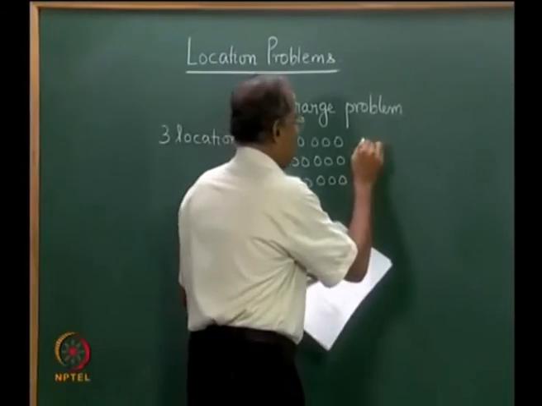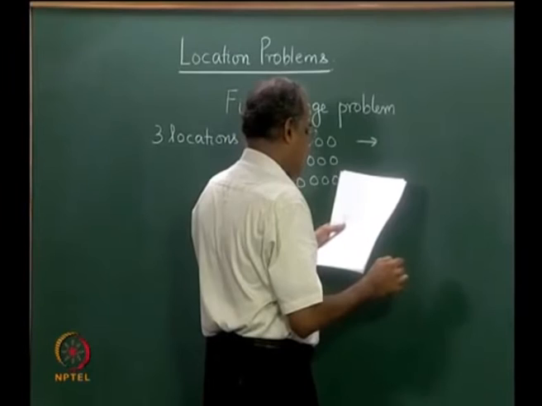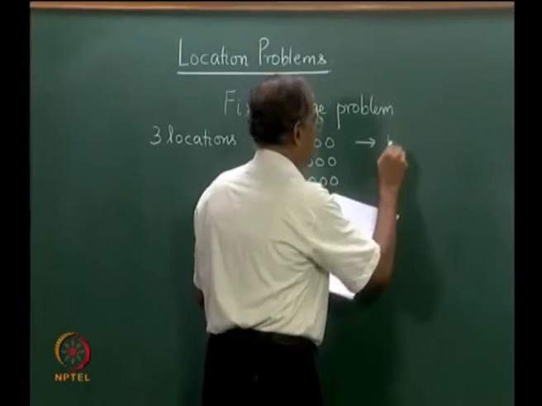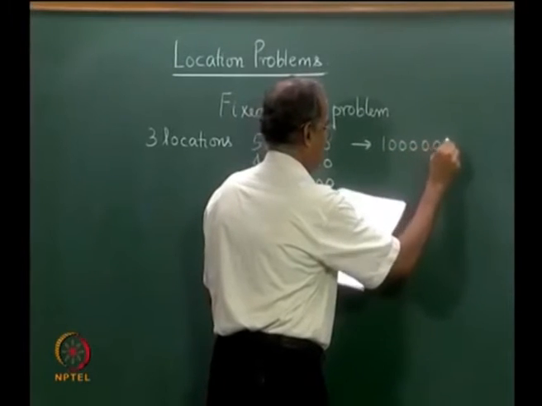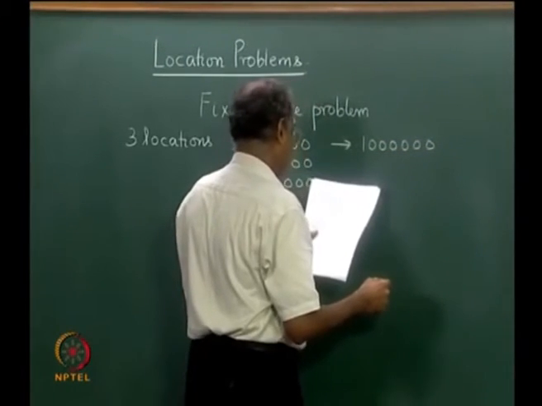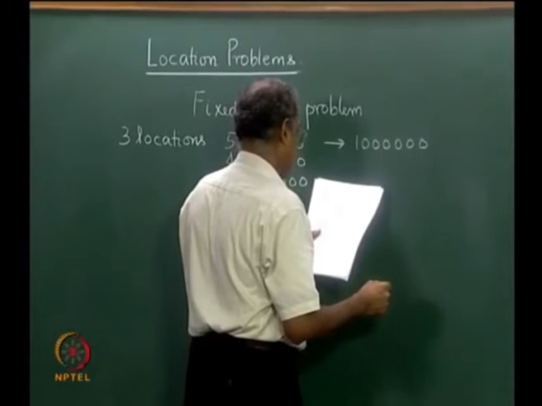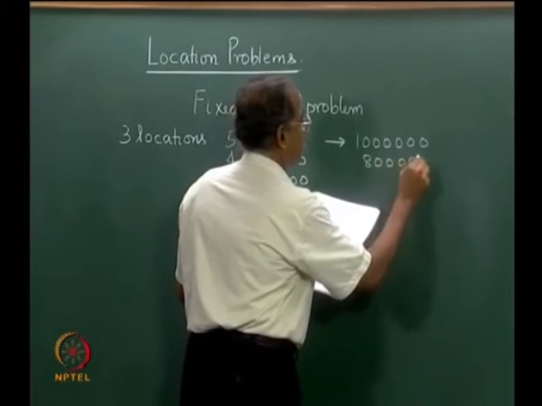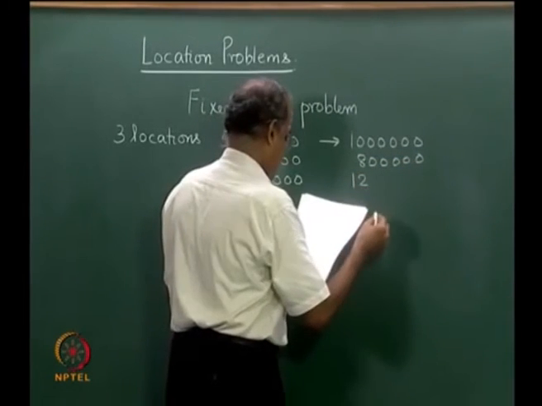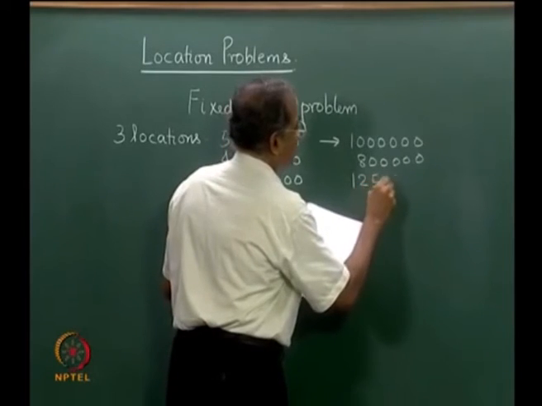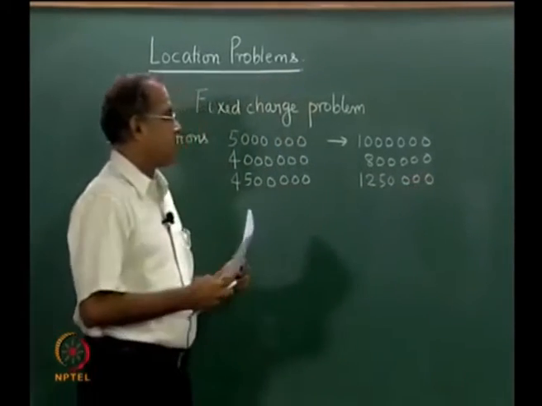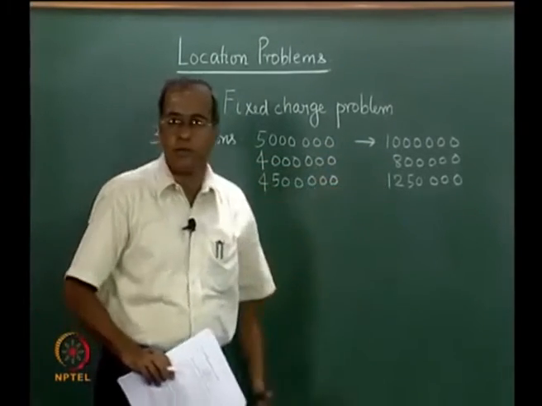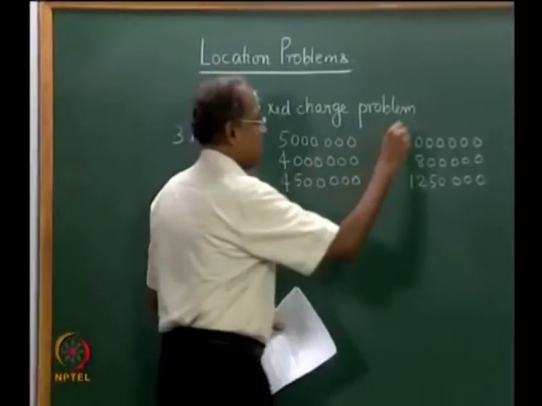Now, the capacities in these three facilities are taken as 1,800,000 and 1.25 million.